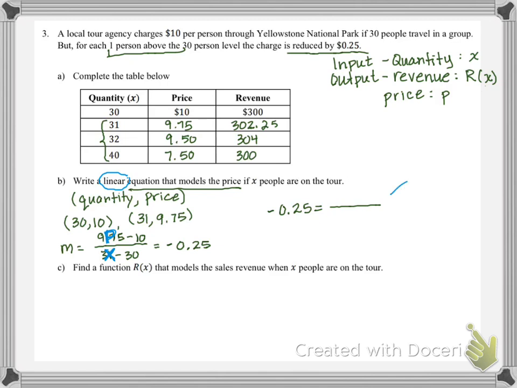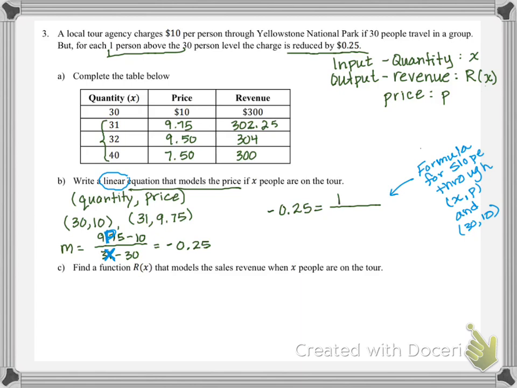We're writing the formula for the slope through the point (X, P) and (30, 10), because that has to be equal to our slope.